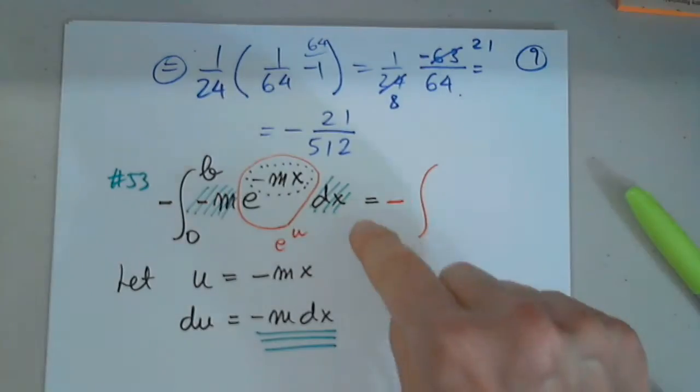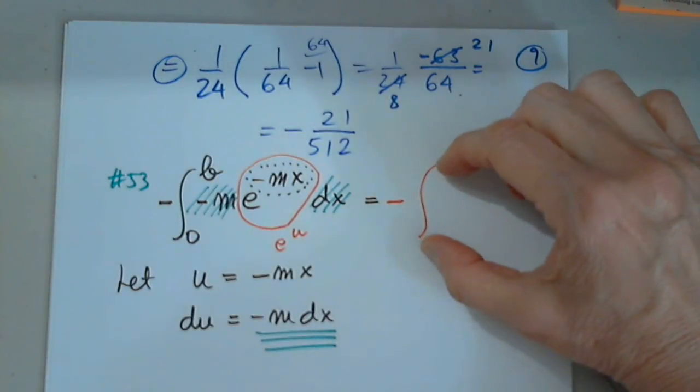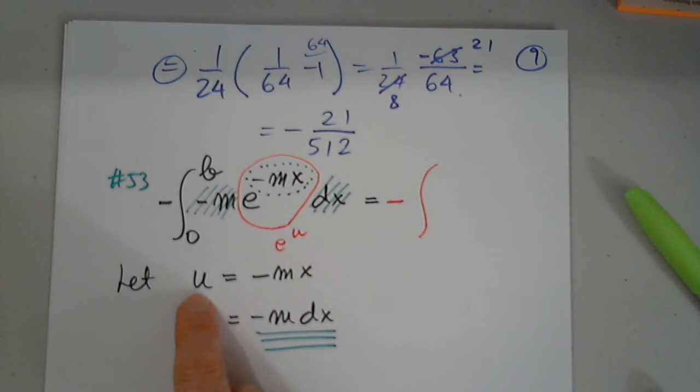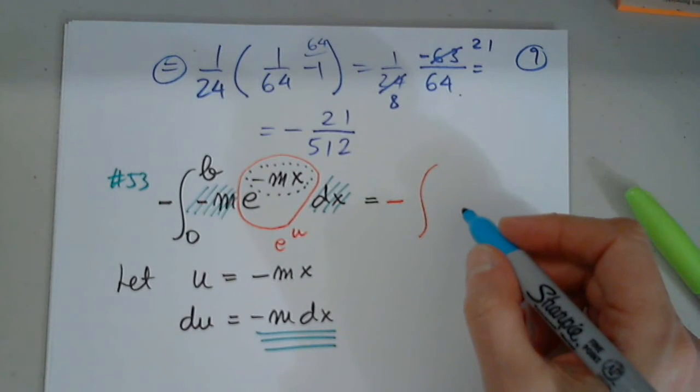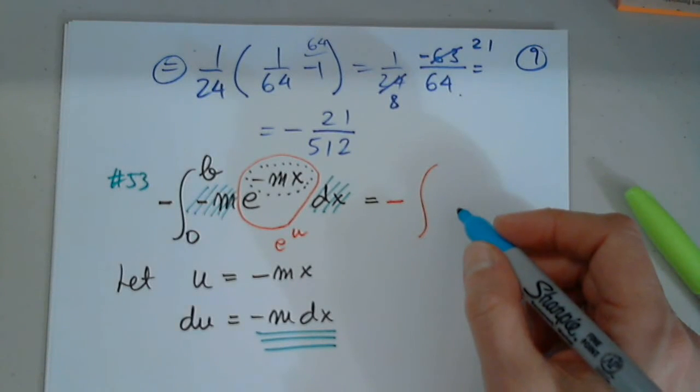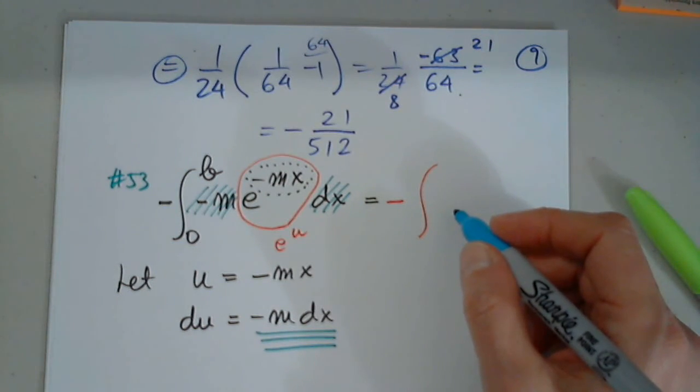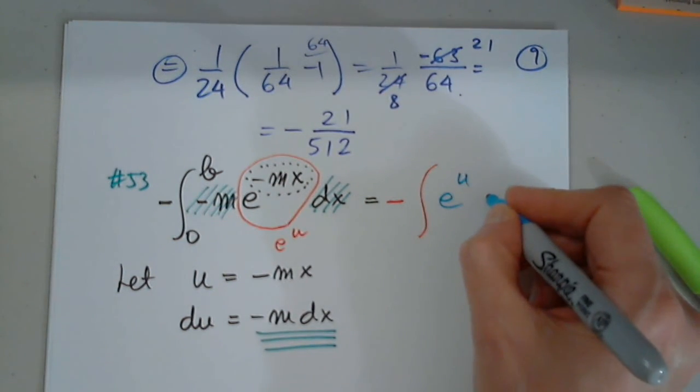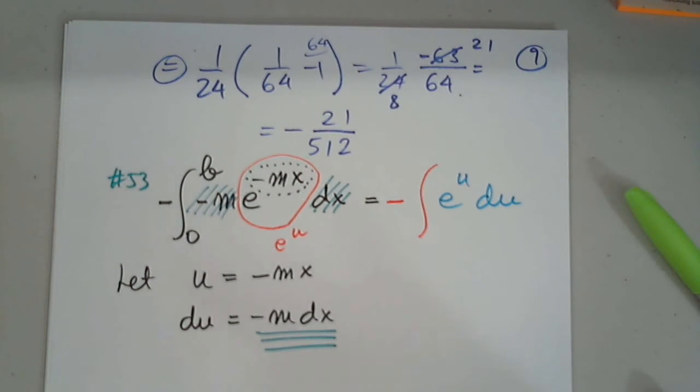These are the limits of integration for x. We will determine new limits of integration for u. So tell me the integral. What is it? E to the u du. That's it.